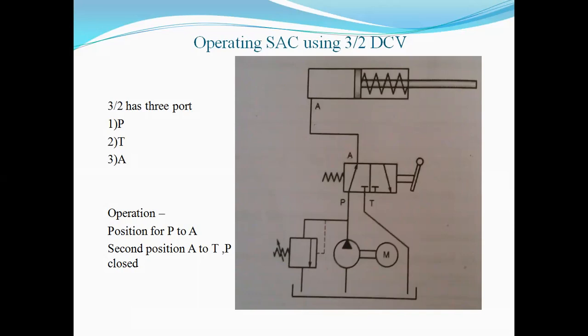So if you see the circuit, it consists of basically the circuit which operates on a 3/2 direction control valve. Again, when we use a single acting cylinder, then for single acting cylinder actuation, we use basically a 3/2 direction control valve.